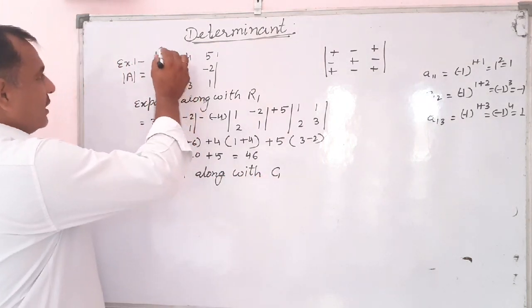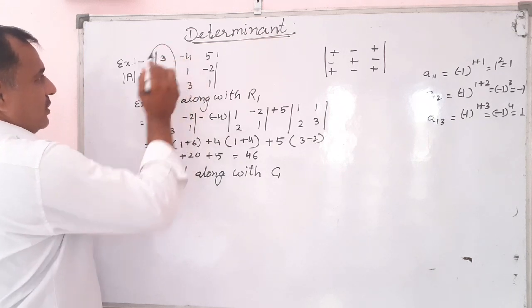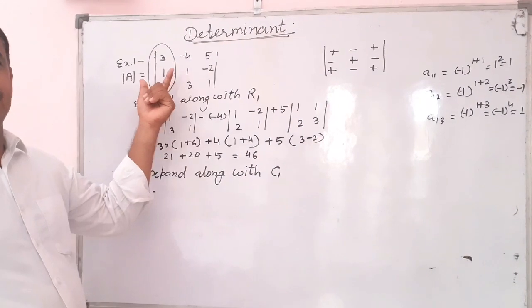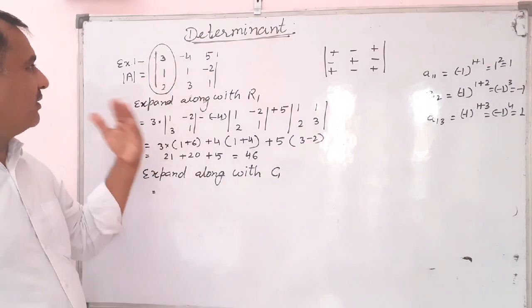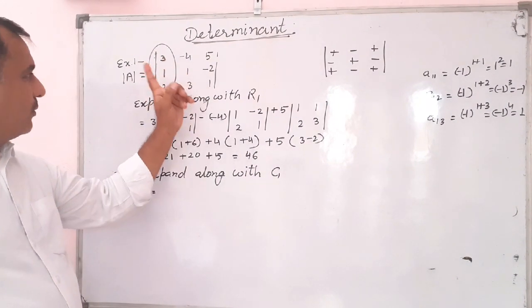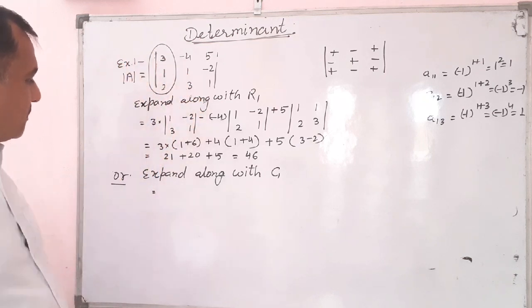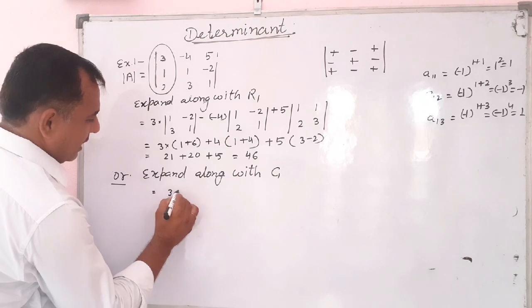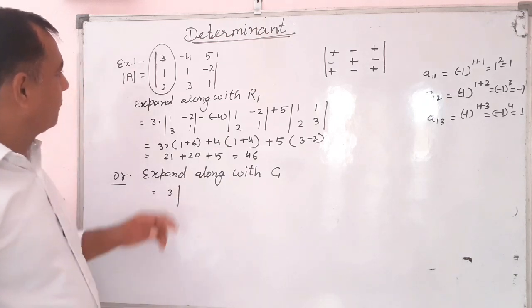All the elements of C1 are 3, 1 and 2. The first element is 3, and the same process.